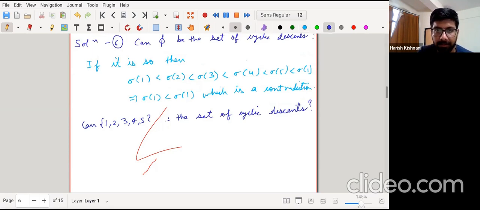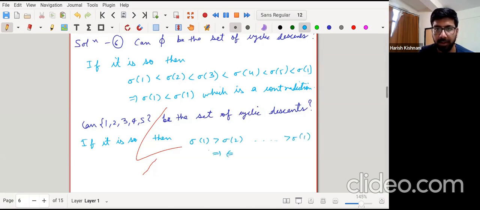So can it be the set of cyclic descents? Through the same reason, if it is so, then sigma 1 has to be greater than sigma 2, and so on, you will again get sigma 1 greater than sigma 1, which is a contradiction.